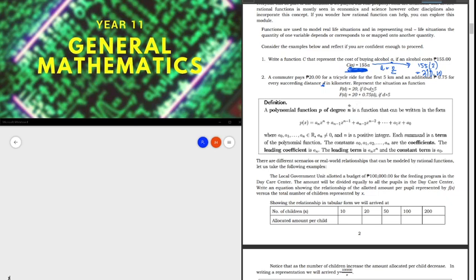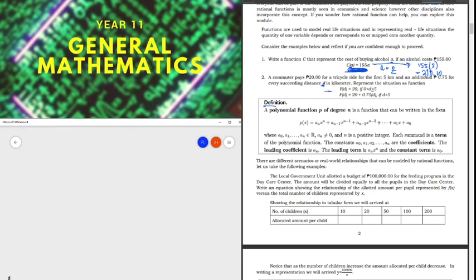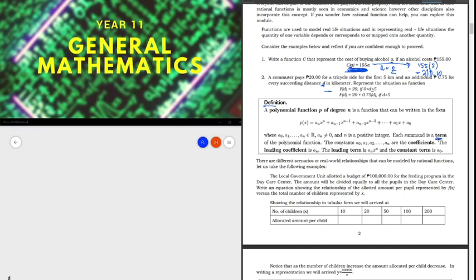In the definition of polynomial function, you have this also in your module: a polynomial function p of degree n. We have the terms, the coefficients, the leading coefficient, the leading term, and the constant term.